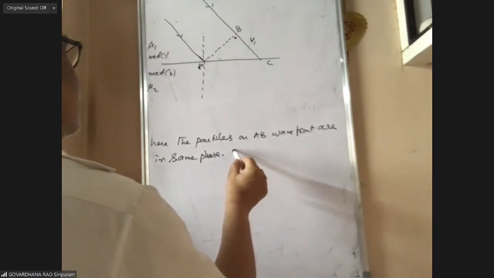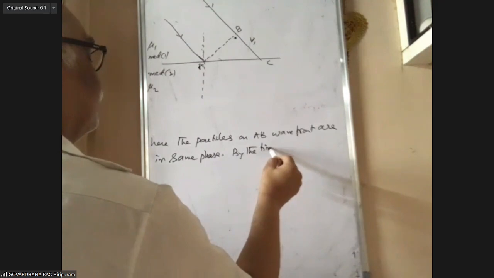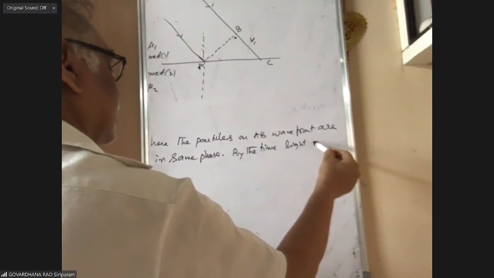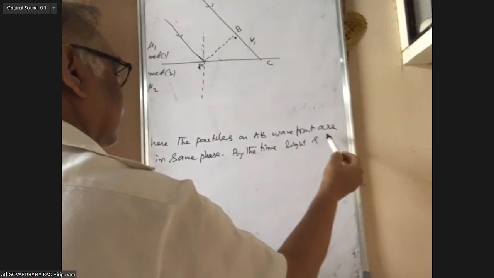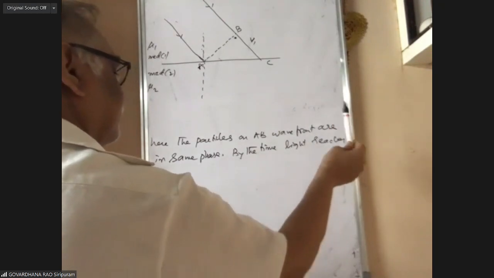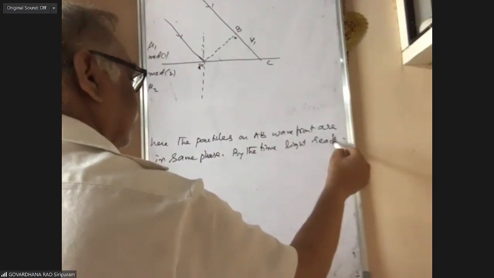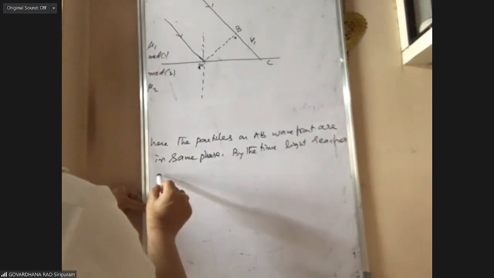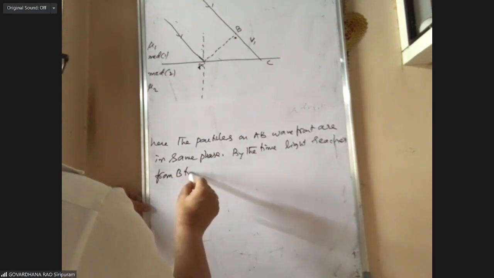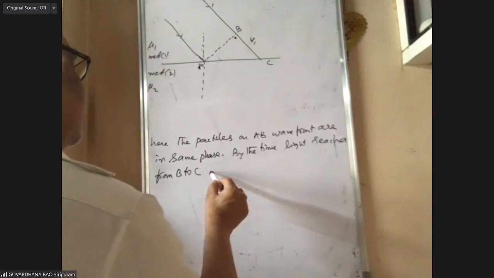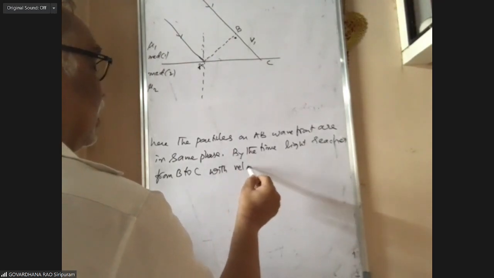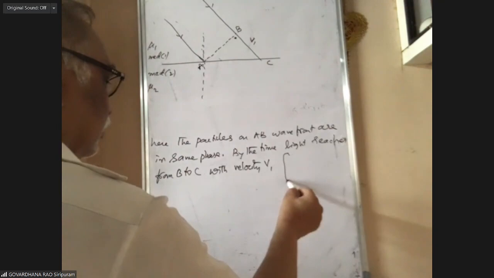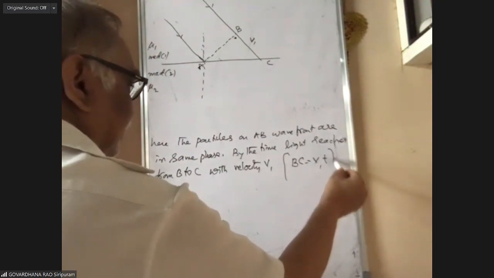By the time light reaches from B to C with velocity V1, BC equal to V1T.